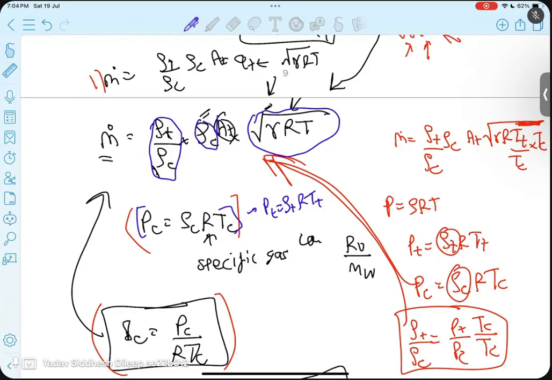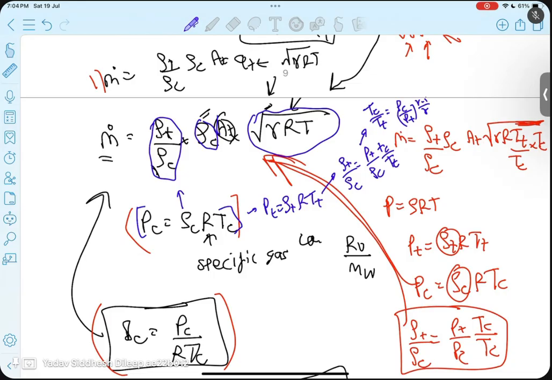So you get the ratio of rho T by rho C. Rho T by rho C equals PT by PC into TC by TT. And as I told you, the flow is isentropic, so TC by TT can be written as PC by PT raised to gamma minus 1 by gamma.